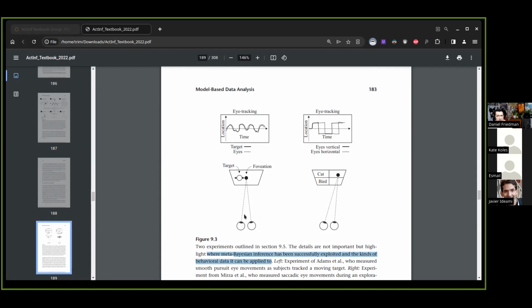And in both cases, these are eye saccade, eye movement tasks. On the left is a continuous time, continuous action setting. On the right is a discrete time, discrete action case. So continuous time model on the left, discrete time model on the right.